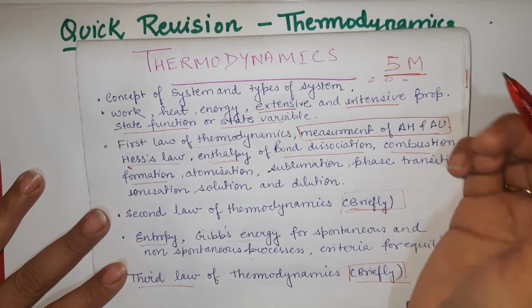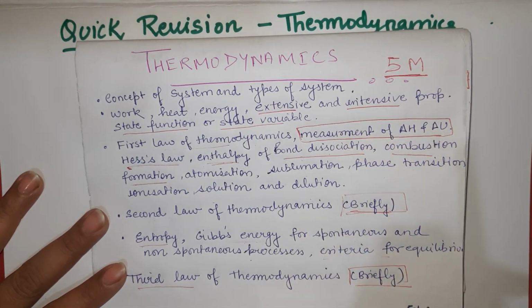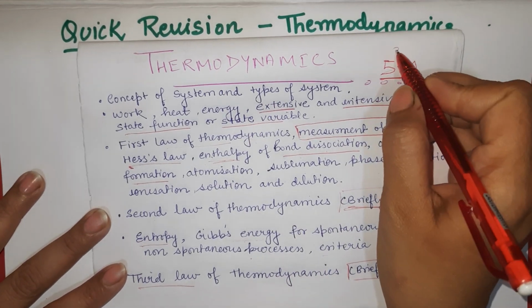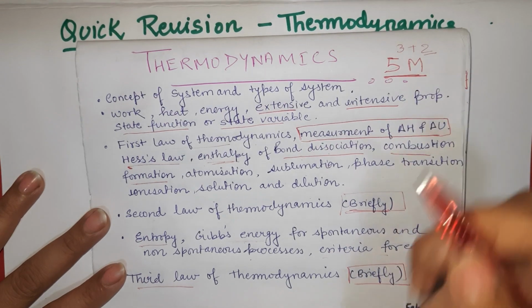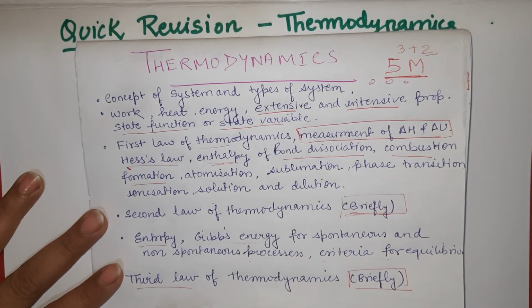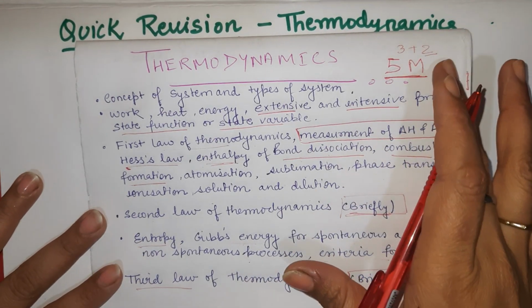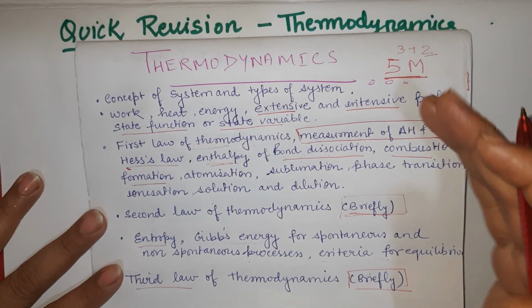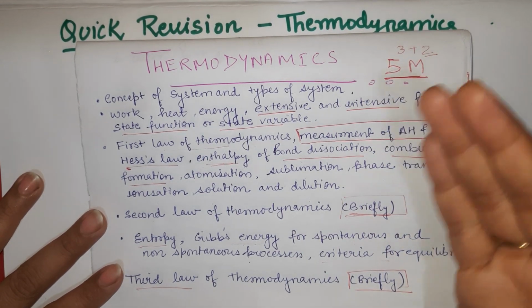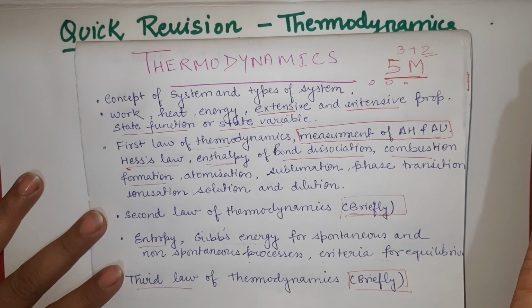In these 5 marks, the partition will be like 3 plus 2, one question numerical and one theoretical. The numerical question is of 2 marks and the theoretical question will be of 3 marks.